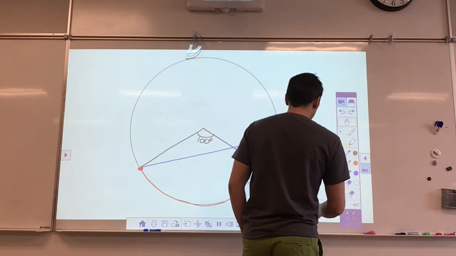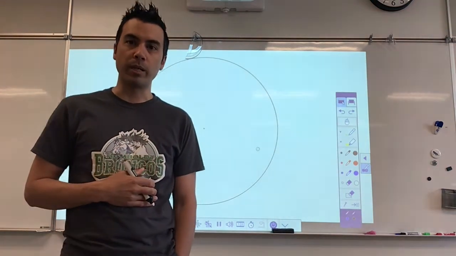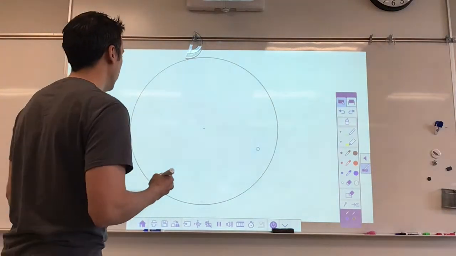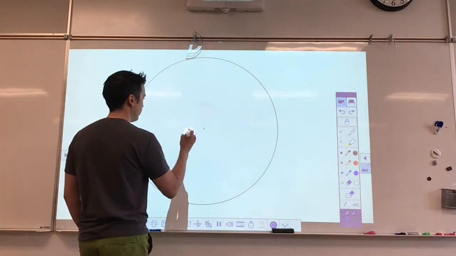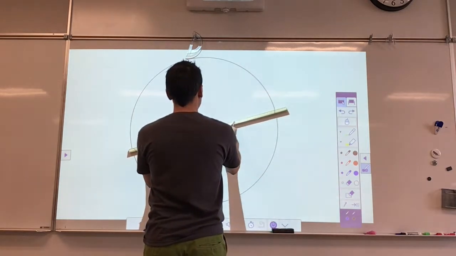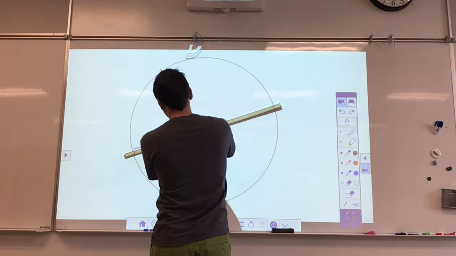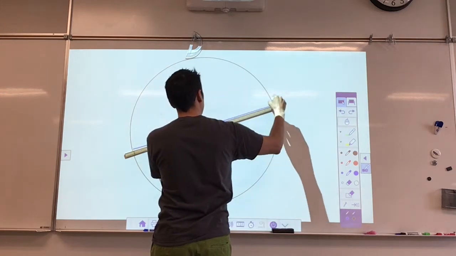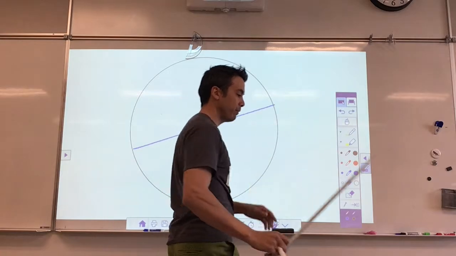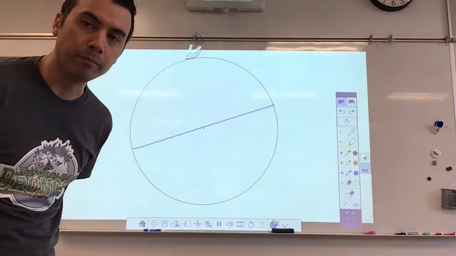Okay, I'm going to show you one more special case and relationship that exists. That's the case where we have a diameter. Shoot, it didn't perfectly go through the center of the circle, but let's just say it did.